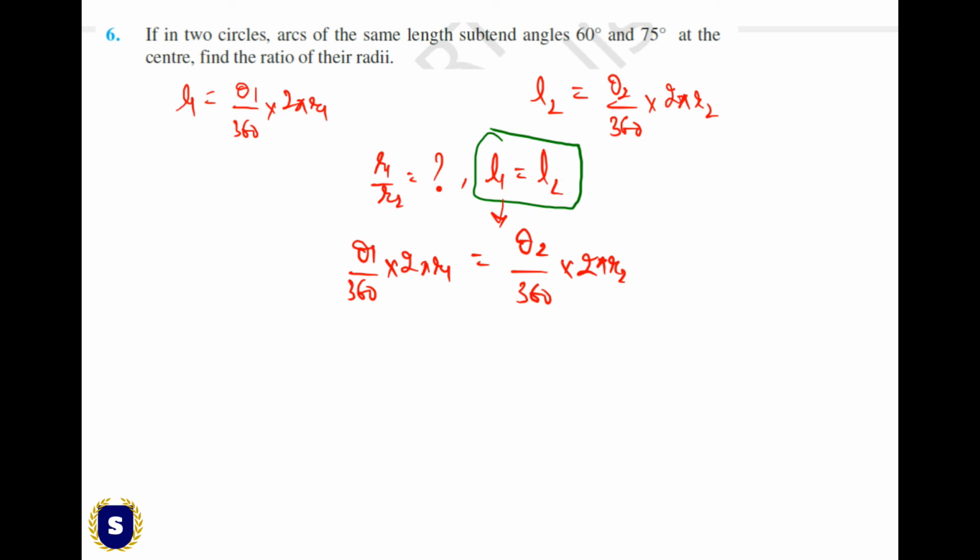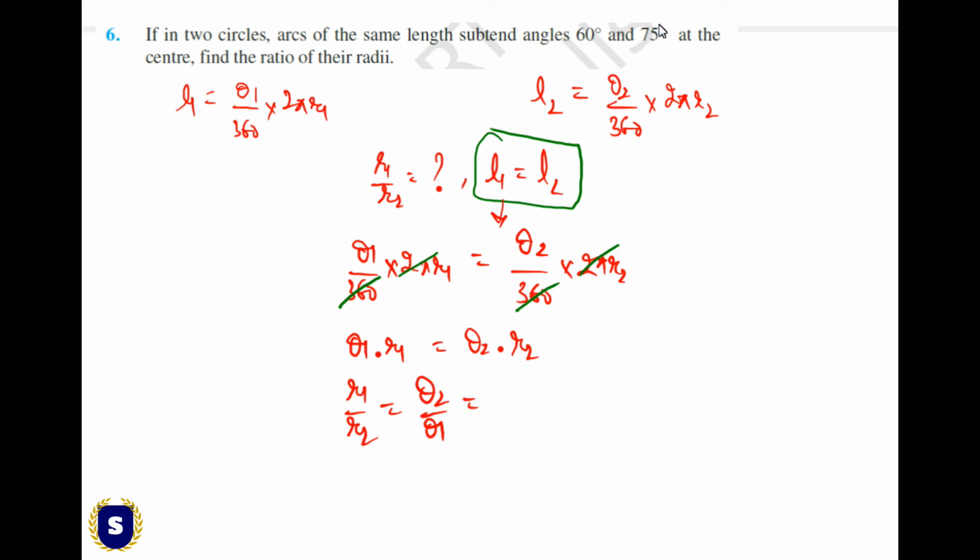We can cancel out the common terms, 360 degree, 2 pi and 2 pi. So we are left with theta 1 r1 is equal to theta 2 r2. If we want to calculate the ratio r1 by r2, that comes out to be theta 2 by theta 1.